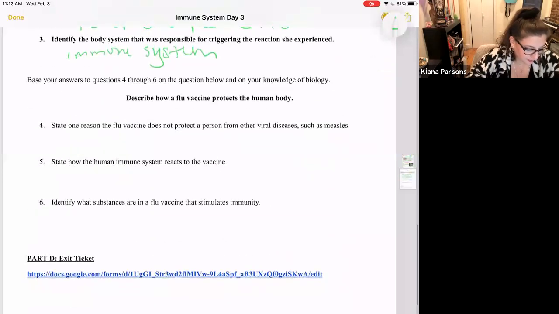So, describe how a flu vaccine protects the human body. State one reason why the flu vaccine does not protect a person from other viral diseases such as measles.